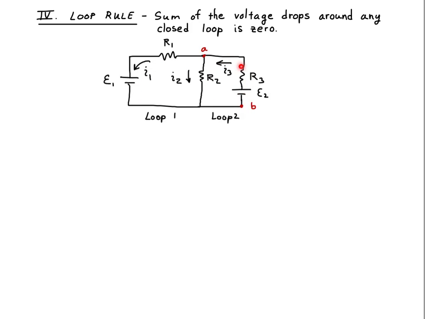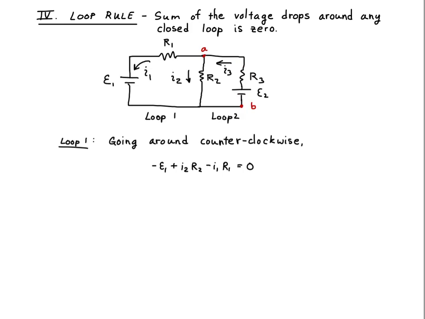We want to apply the loop rule to each of these loops, and for loop 1, I can go around any way I want. I can go around clockwise or counterclockwise in analyzing this loop. So just for fun, I'm going to go counterclockwise like this. So when I go around counterclockwise, let's say starting at this point and I go down the battery, I lose potential.